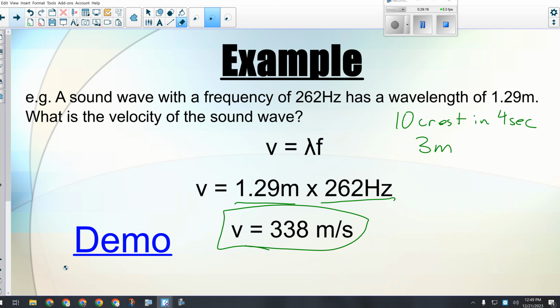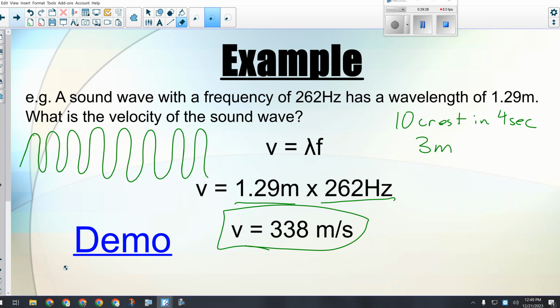So we're starting right here with our first crest. So 1 crest, 2, 3, 4, 5, 6, 7, 8, 9, 10. Why didn't I say 3 crests? I'm starting here, that's my first crest. The distance between those crests is 3 meters.